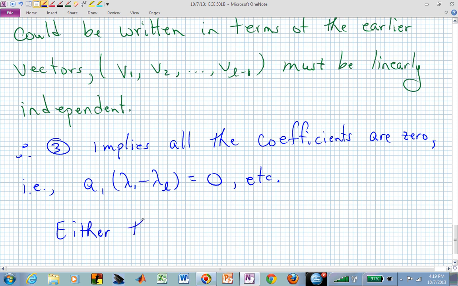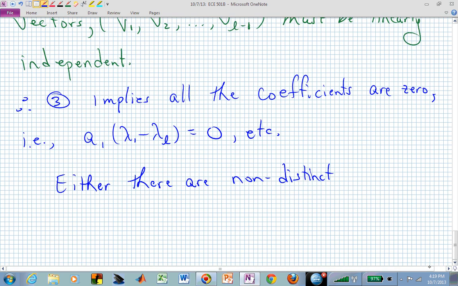So either there are non-distinct, which is really hard to do because we had so many of them. Well, unless we just had L equal to 1 or 2.